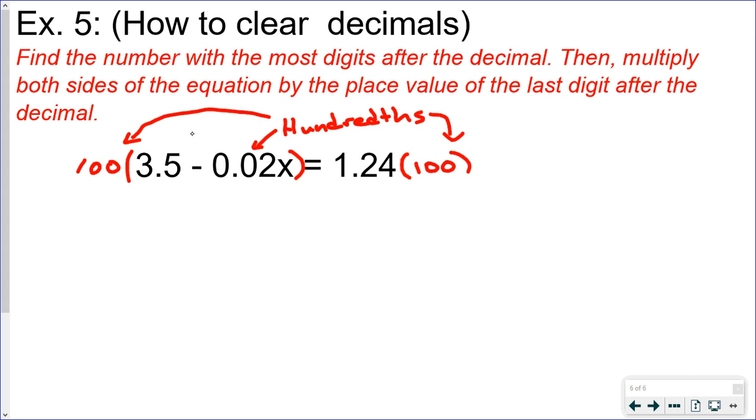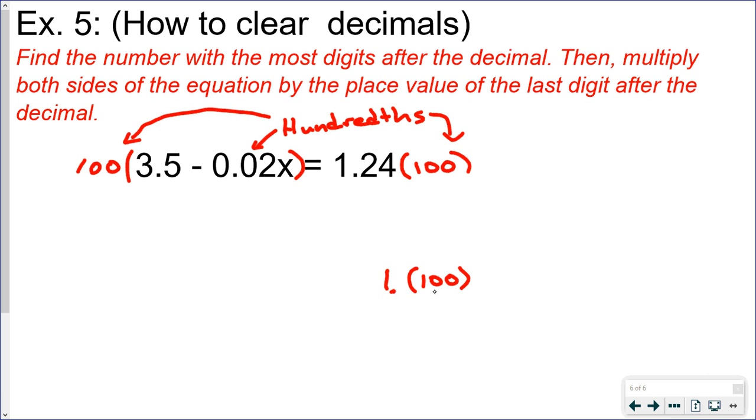Now, here's a cool trick. When you multiply a number by 100, all you have to do is move the decimal point 2 places to the right. This always works. So just a real simple example. If I was multiplying 1 times 100, okay, the 1 has a decimal point right here.